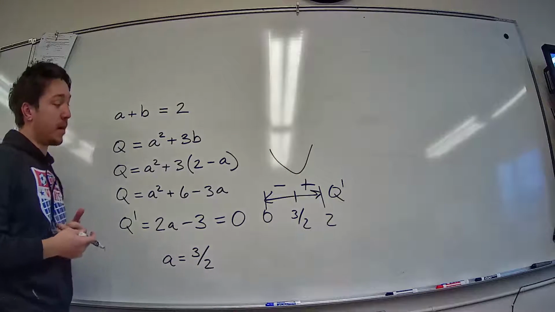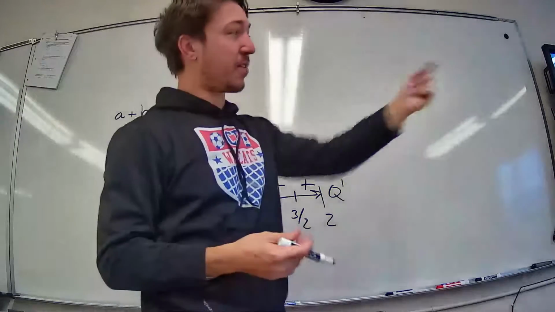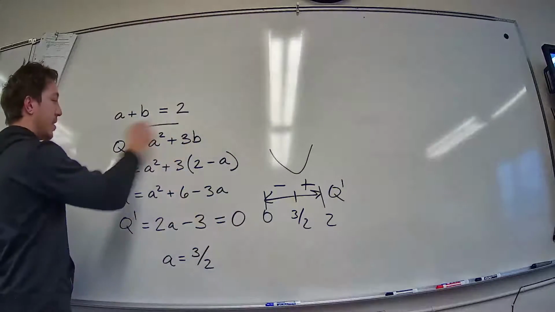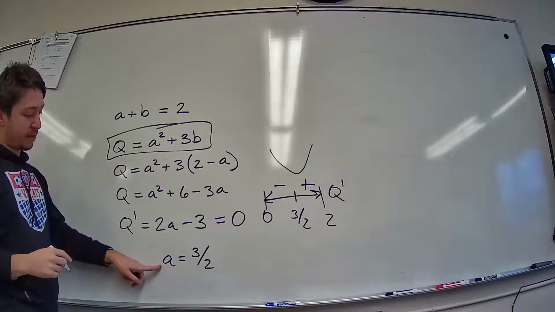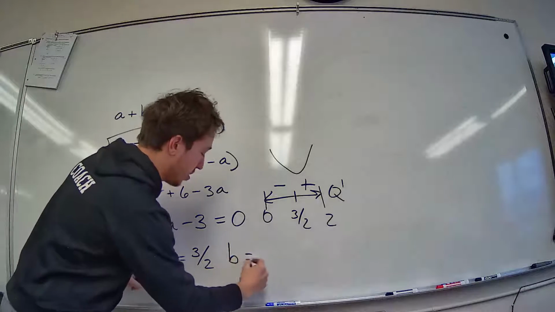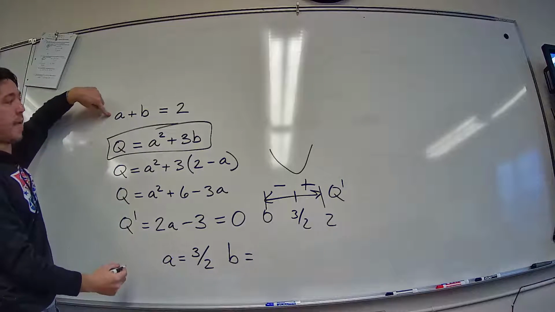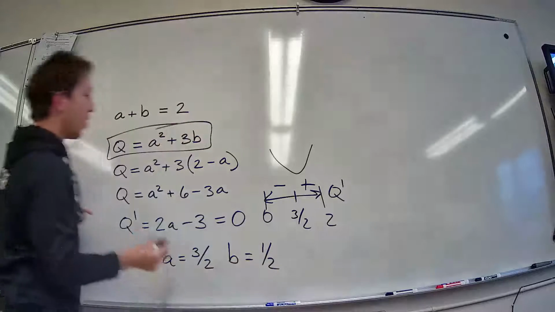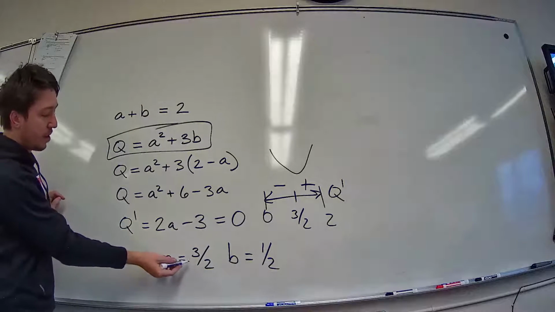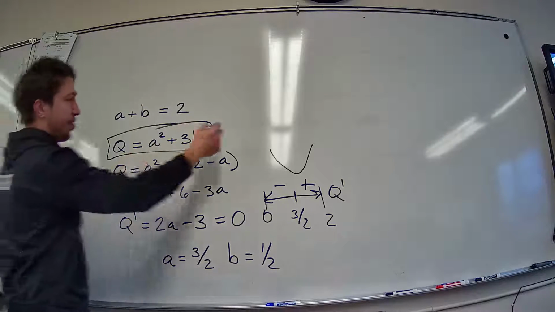So anyway, now we have to actually solve for that quantity though. So if you come back and plug into this. Now, if a is 3 halves, what's b? 1 half, right? 3 halves plus 1 half makes 2. So you have that squared. Let's plug in here.